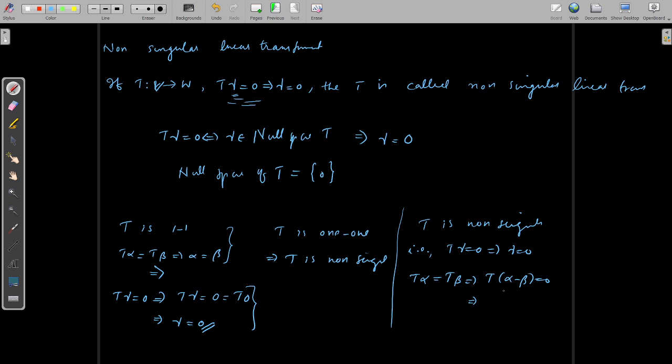This implies T of alpha minus beta equal to 0, which implies alpha minus beta equal to 0, because of the non-singularity hypothesis: T gamma equal to 0 implies gamma equal to 0. So alpha equals beta. That means non-singularity implies one-oneness. So this shows that T is 1-1 if and only if T is non-singular.